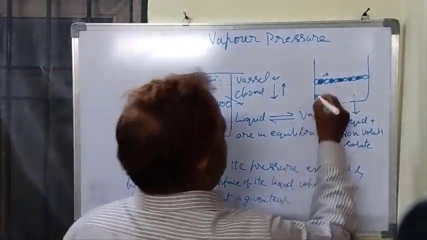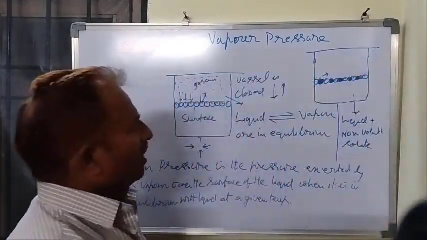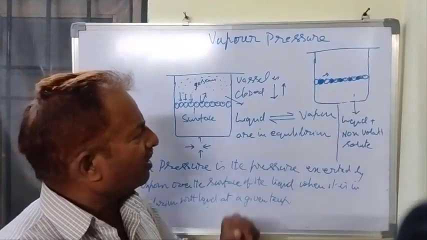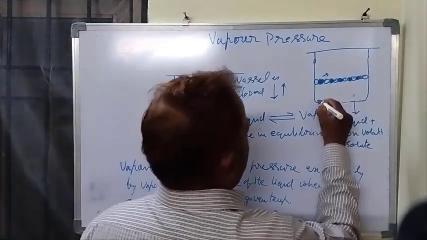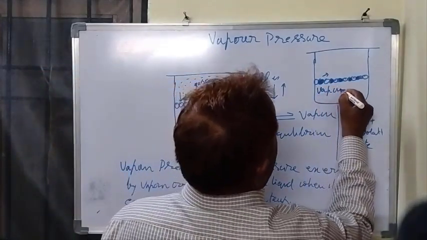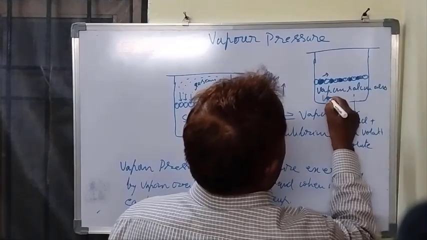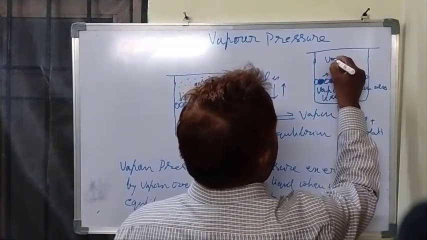Okay, this is closed with a lid. As the surface becomes less for liquid particles, the vaporization process also becomes less. When vaporization is less, vapor pressure is also less.